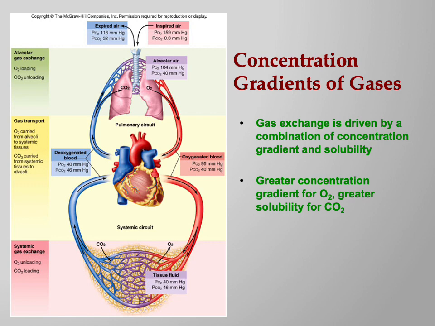So spend some time. Notice down at the bottom we have the capillaries, that's systemic gas exchange, and up on the top we have the lungs, that's alveolar gas exchange. So notice how the pressures are very, very different at alveolar gas exchange and at systemic gas exchange. Notice in systemic gas exchange, we're going to be forcing CO2 into the blood and O2 out of the blood, whereas in the lungs it's going to be the opposite.